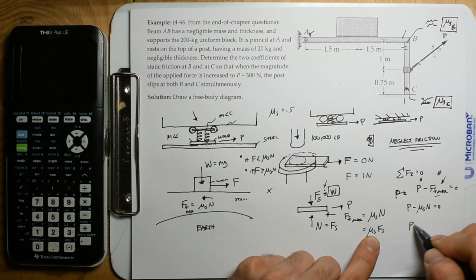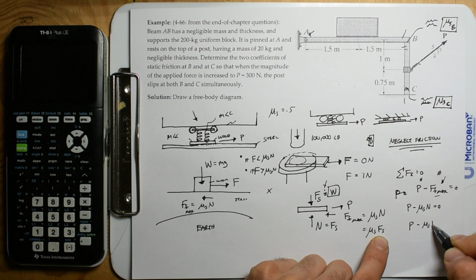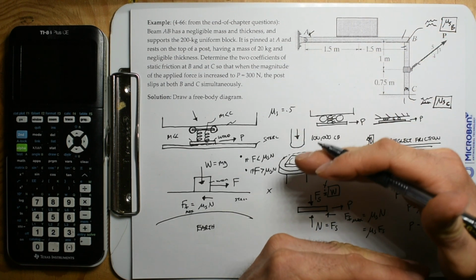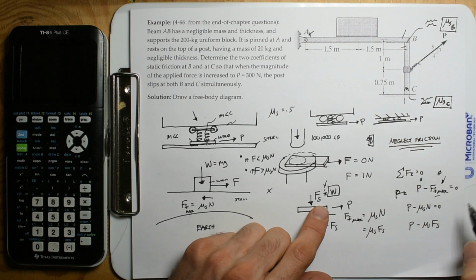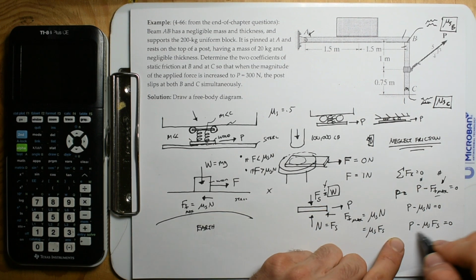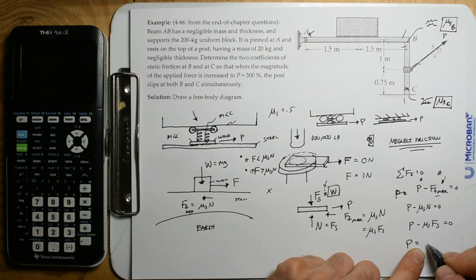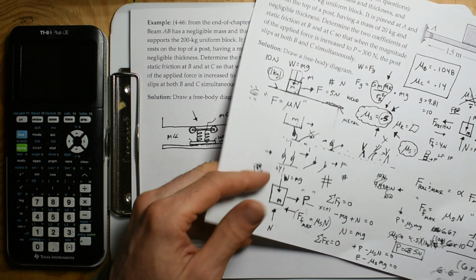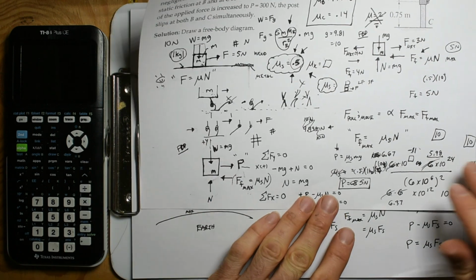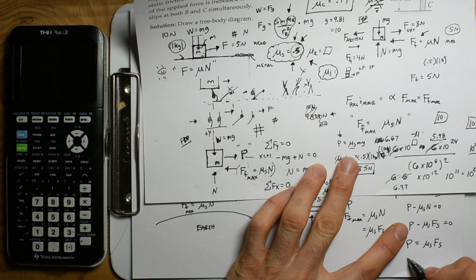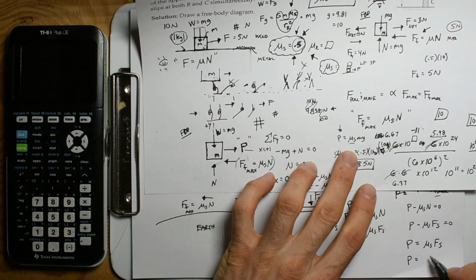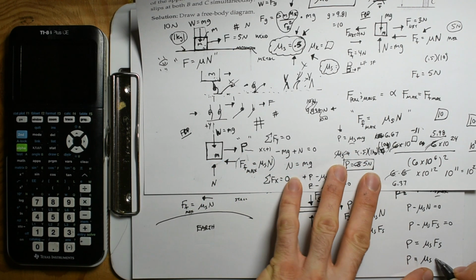We could also write it as P minus mu s times the spring force, which is the same thing as the weight, equal to 0. Rearranging, the force P is mu s times the spring force, which is completely synonymous with what we saw before, which was that the force required to get this thing to move was mu s times the weight.